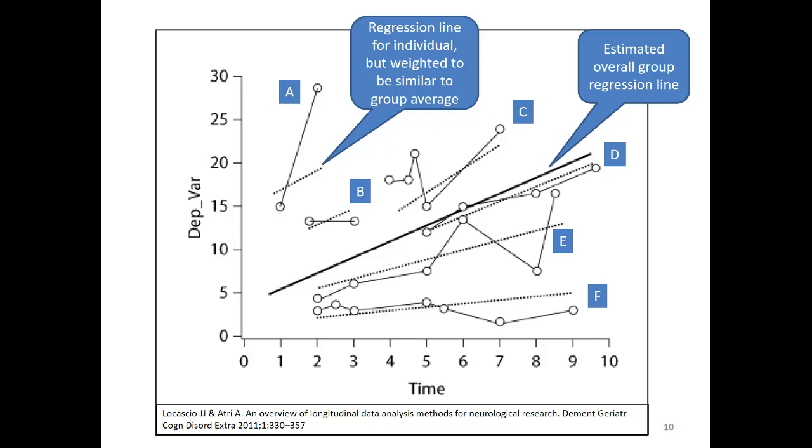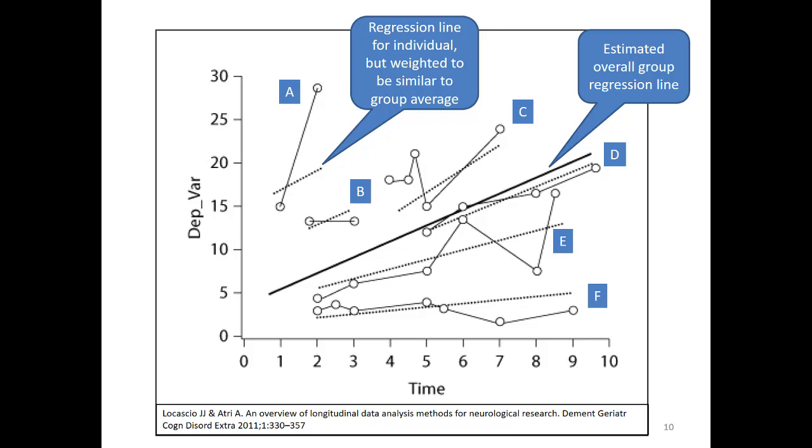So if you look at the regression line for subject A, you can see that it's not at all what we might expect. Given that that subject contributes only 2 time points or 2 observations, we would expect the best fitting line to exactly track the change from time 1 to time 2. And if you look at the other dotted lines, you'll see the same thing. None of them exactly track what one would anticipate given an ordinary least squares regression approach.